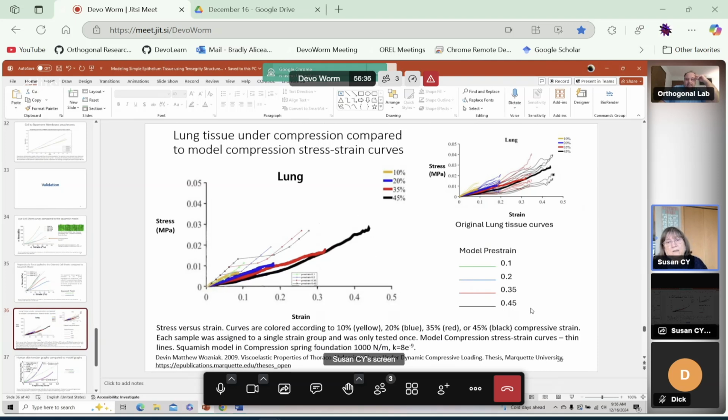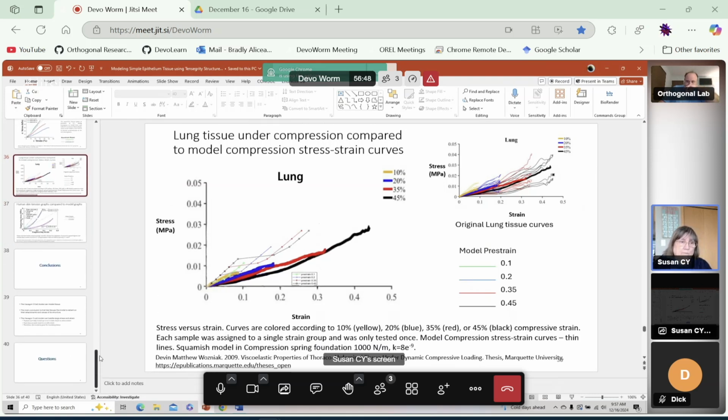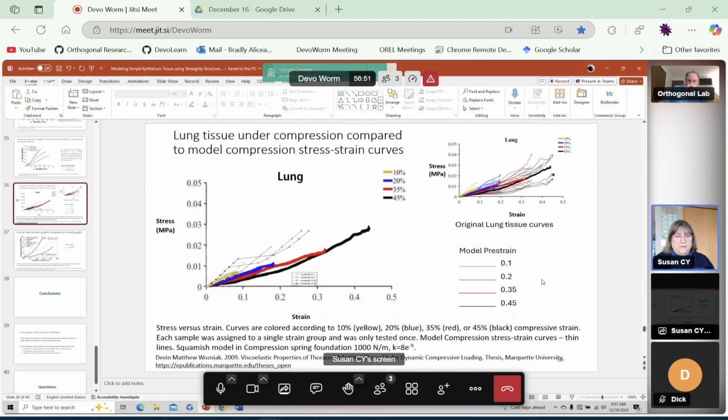I compressed it with the same pre-strains they did: 0.1, 0.2, 0.35, and 0.45. And I got a result. But if you made that 10,000 newtons per meter, you get a different curve, with the correct order, where the 0.45 or 45% pre-strain goes on top.